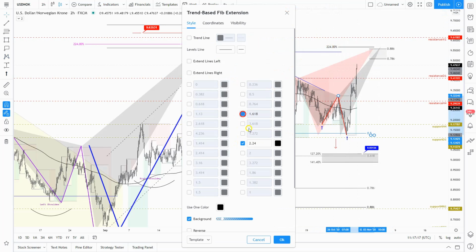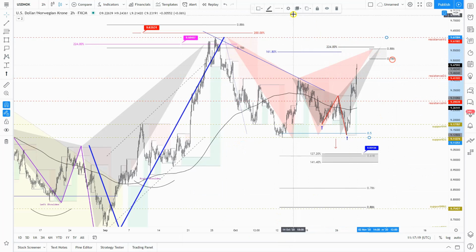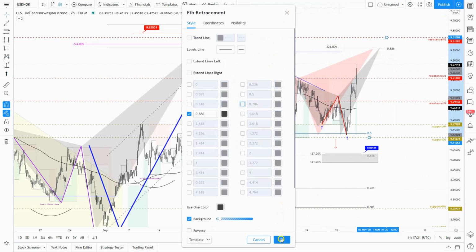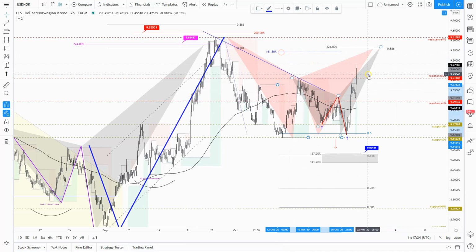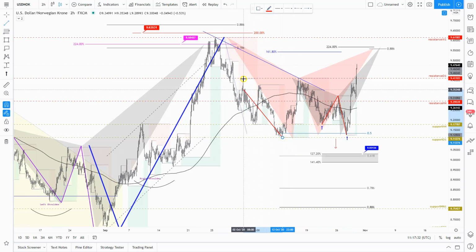That is my price. 88% Fib. What is this? This is an extension of this very last swing also. Exactly. We have this, an extension of this swing, which is the one that provides a daily support.